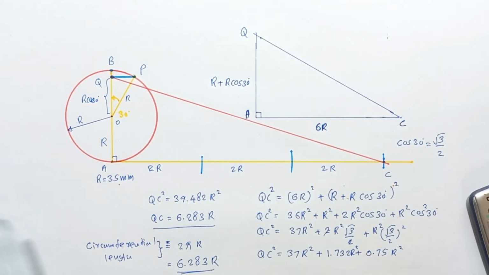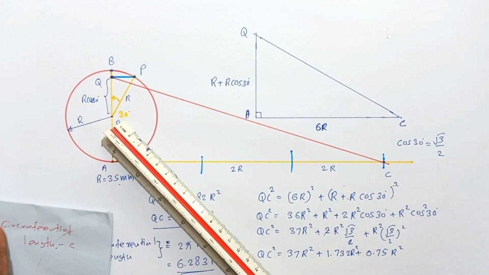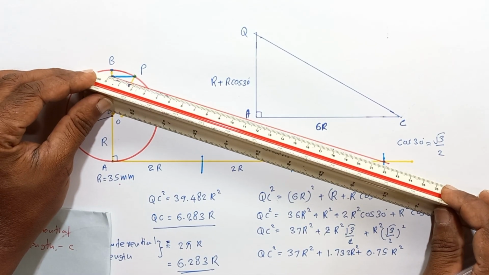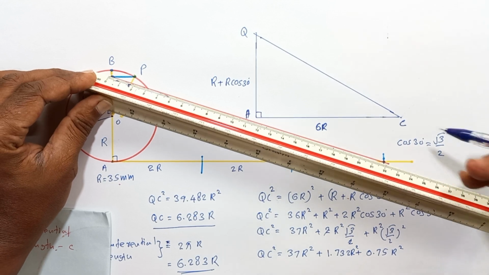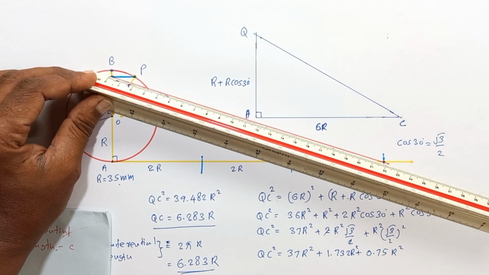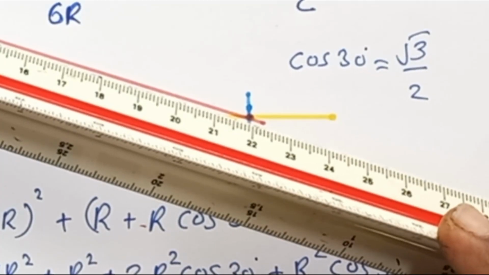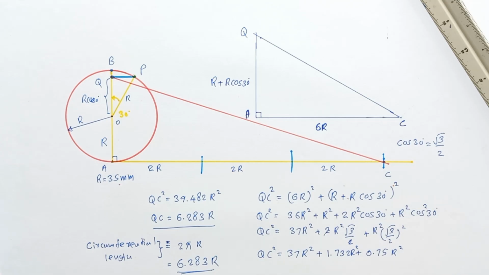So let's check the length of the geometrically constructed line. You can see that it is approximately equal to 219.9 millimeters. This is how we construct a line equal to the length of a given circle's circumferential length.